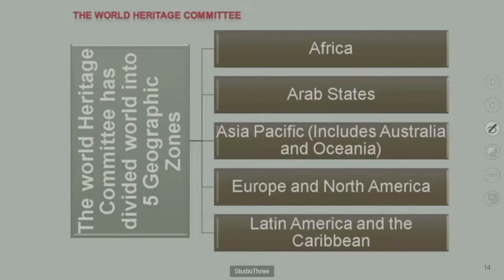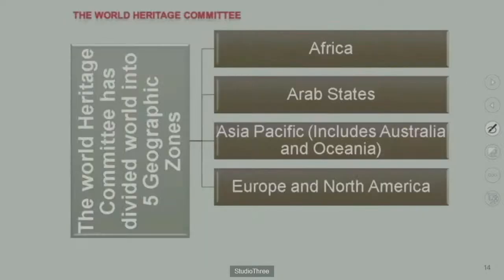These members are elected for a period of 6 years. After 6 years, the members are replaced. Other state parties get the opportunity to be members. Is it right, friends? So friends, these are the 2 topics which we covered today. These are very important topics to know about the World Heritage Committee.